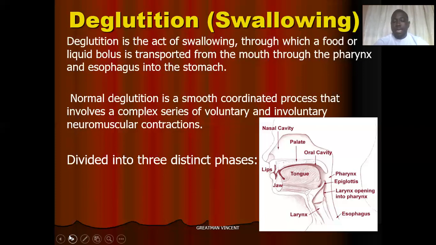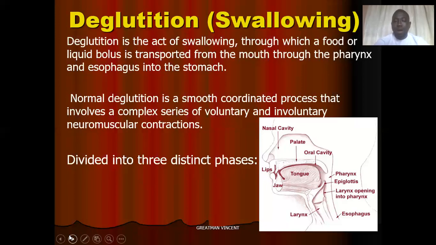So you realize that food at a particular point in time will be in one phase for specific processing. When it is done with that phase, it gets into another phase, then another phase, and then we are done with swallowing. So take time, follow me, and I'm going to take you through all these phases so that you have a fair idea of what swallowing is.